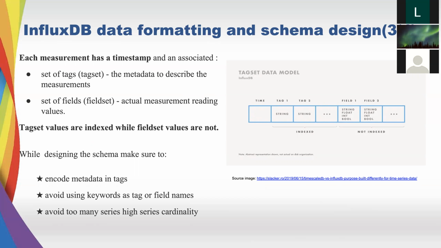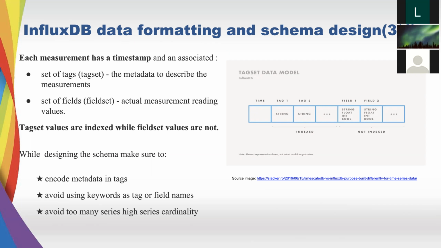While declaring tag set and field data, you can set them to string, integer 64, float 64, or boolean, and it doesn't matter whether it's a field or a tag set. But field types are limited and cannot be changed without rewriting the whole data.